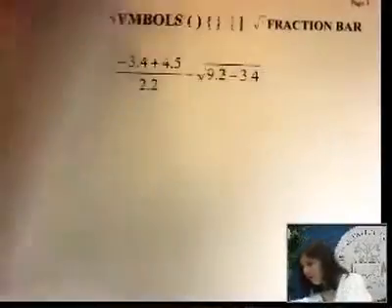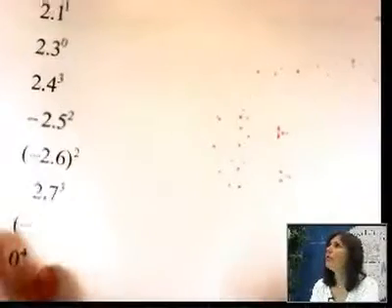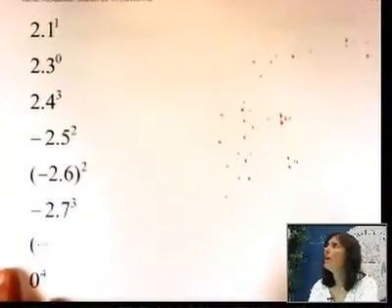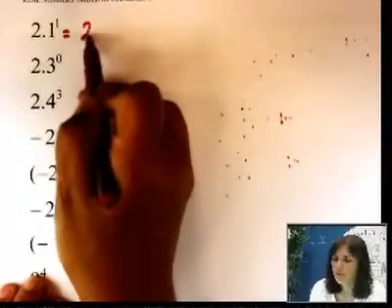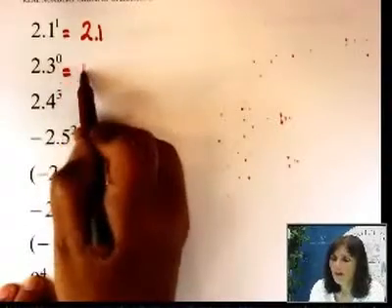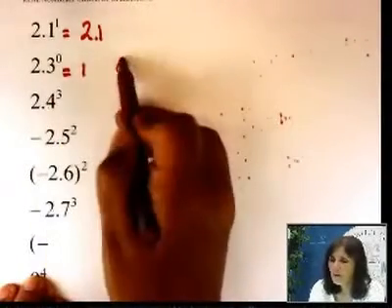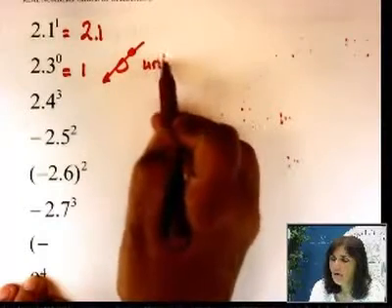Now, before I do this, I would like to go over a couple of exponent rules. Okay, anything to the first power is itself. Anything to the 0th power is 1. Except this one is undefined, but we are not going to tackle this right now.